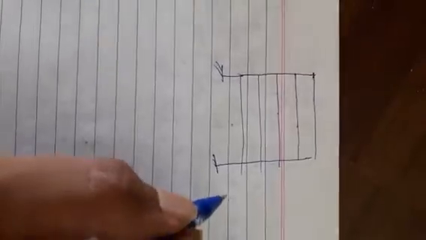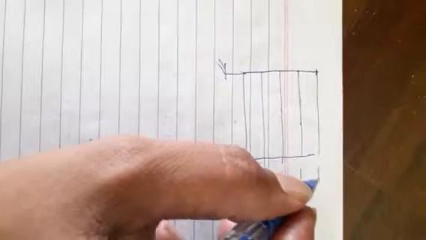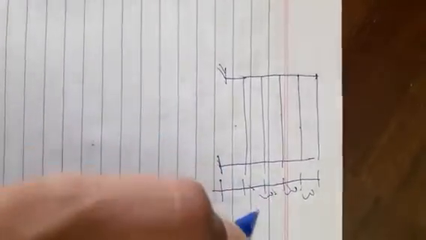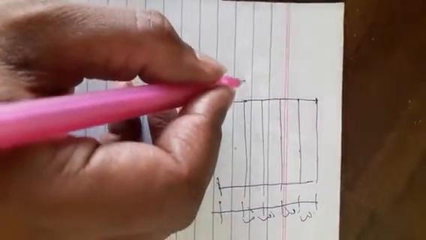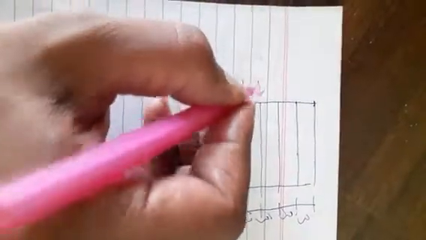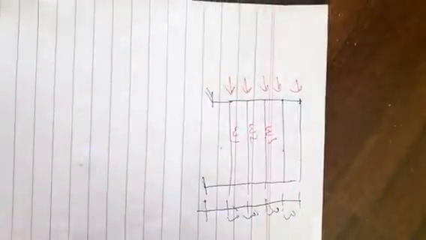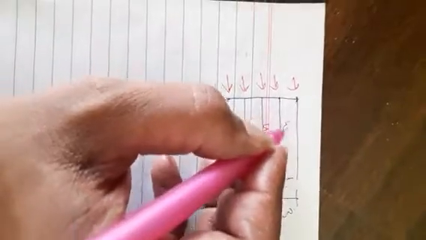So let these heights be 3 meters. Let the force at this level be, let this seismic weight be W1, W2, W3, W4.